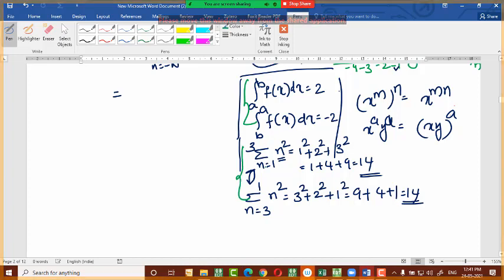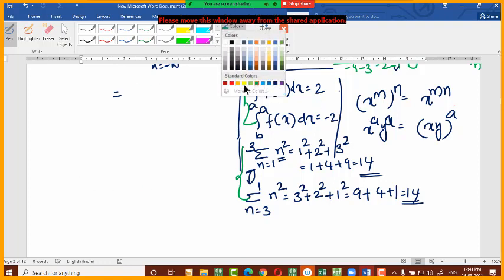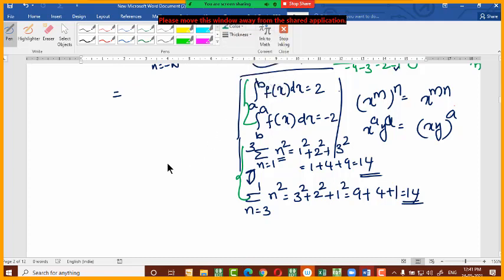In the case of discrete, it is possible. We can get the same answer even if we interchange the lower limit and upper limit. But in the case of continuous integration, we cannot do that. The integration will be multiplied by minus. Okay, now we are working with the discrete domain only, discrete summation only.